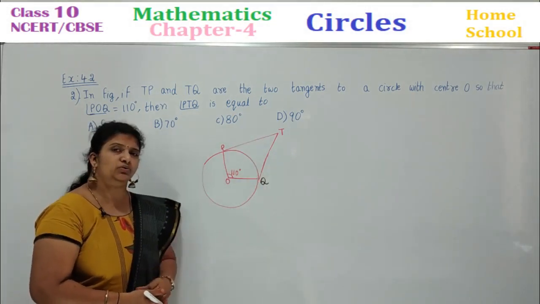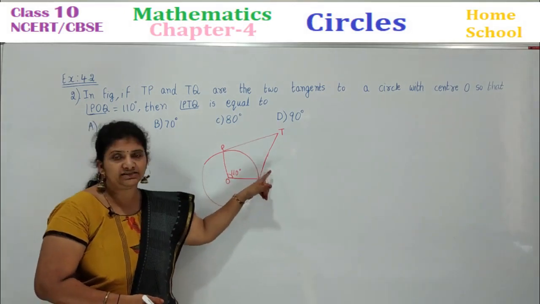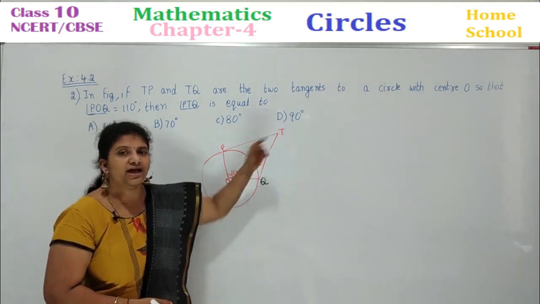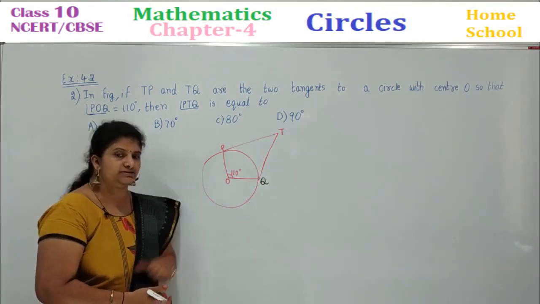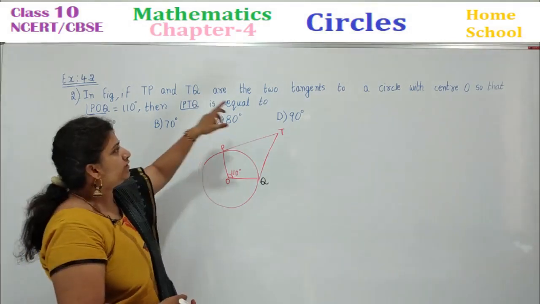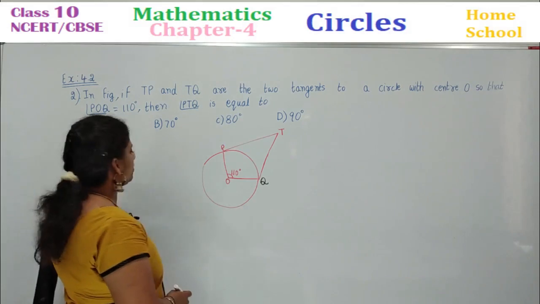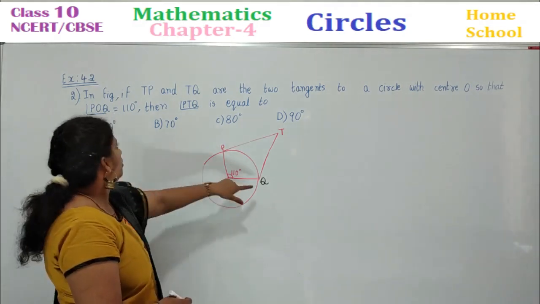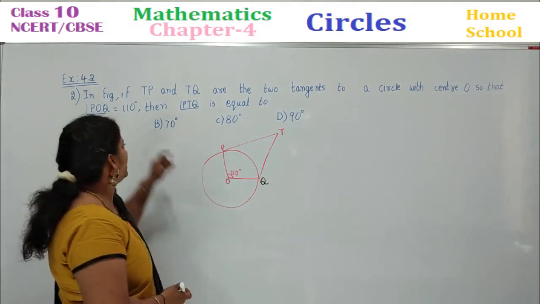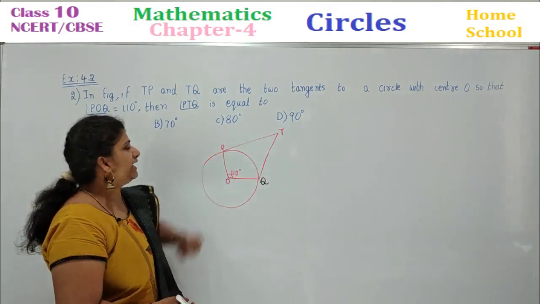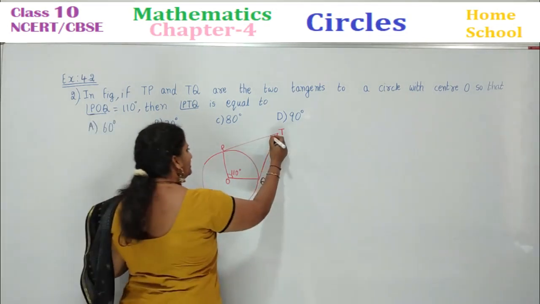TP and TQ are the two tangents which arise from the external point to a circle. They are two tangents to a circle with center O, so that angle POQ is equal to 110 degrees. Then angle PTQ is equal to how much?